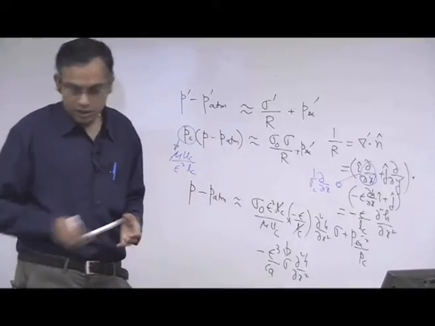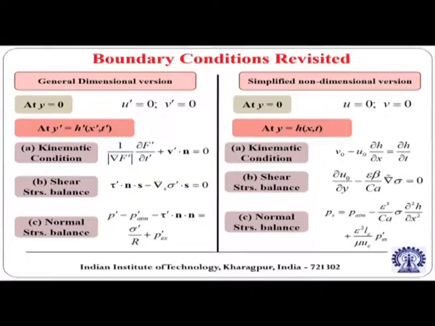So we will get back to the slides and see that is what is there, minus epsilon cube by sigma capillary number del square h del x square, and the last term is P dash x by Pc. So this is the normal stress balance.